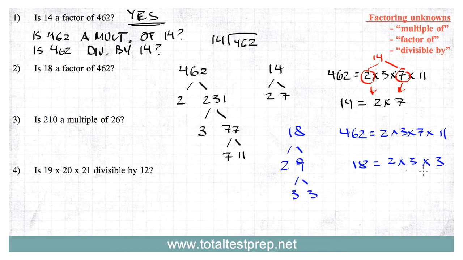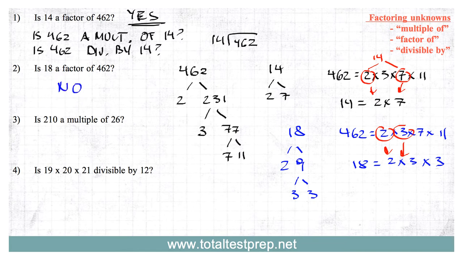Can we find the prime factors of 18? In other words, do we have a 2, a 3, and a 3? Well, we have a 2, and we have a 3, but we don't have any more 3s. So we cannot, out of the prime factors of 462, make 18. We don't have all of the prime factors of 18. And so therefore, 18 is not a factor of 462.